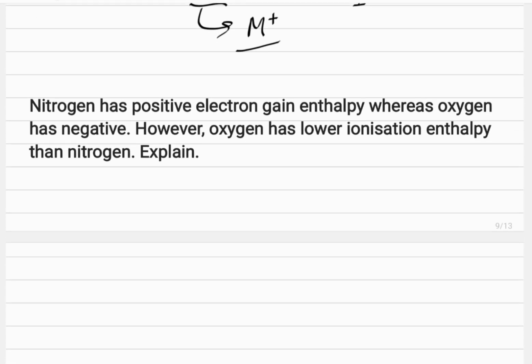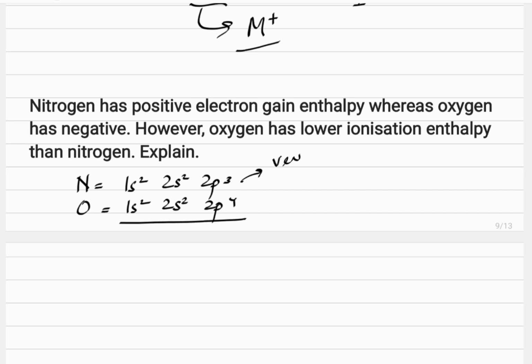Nitrogen has a positive electron gain enthalpy, whereas oxygen has negative. Explain. Oxygen, however, has lower ionization enthalpy than nitrogen. So, nitrogen, the electronic configuration is 1s2, 2s2, 2p3. Oxygen, the electronic configuration is this. Out of the two, nitrogen has a very stable electronic configuration because it has a half filled p orbital.